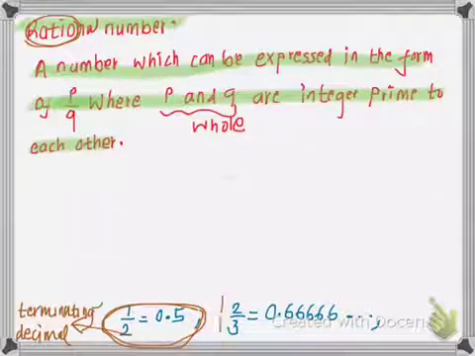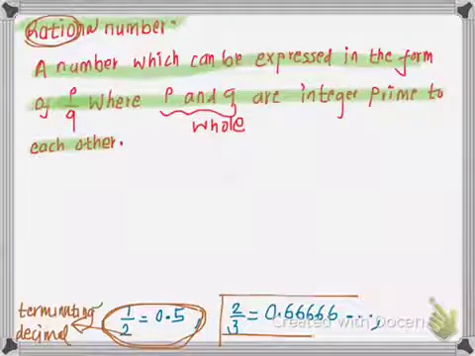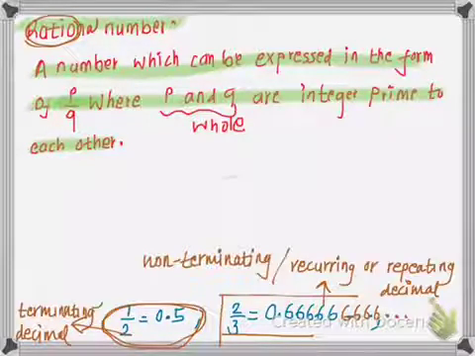But if we look at the rational number 2 divided by 3, although it is a rational number, when 2 is divided by 3, we get the answer 0.6666666 and so on. So this is an example of recurring or repeating. This pattern never ends, it continues till infinity.